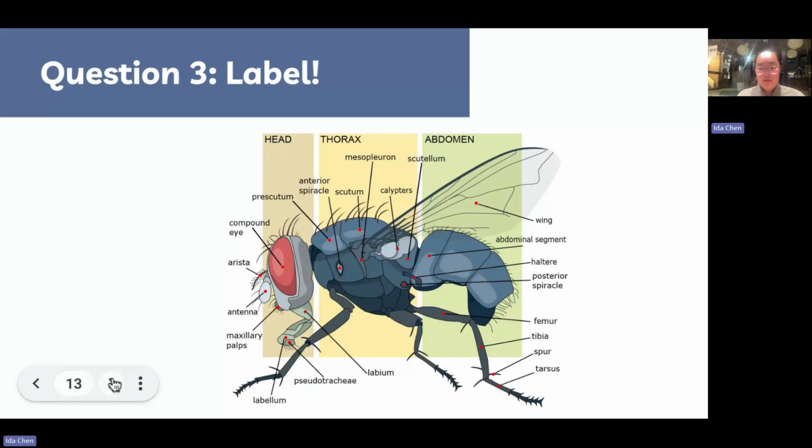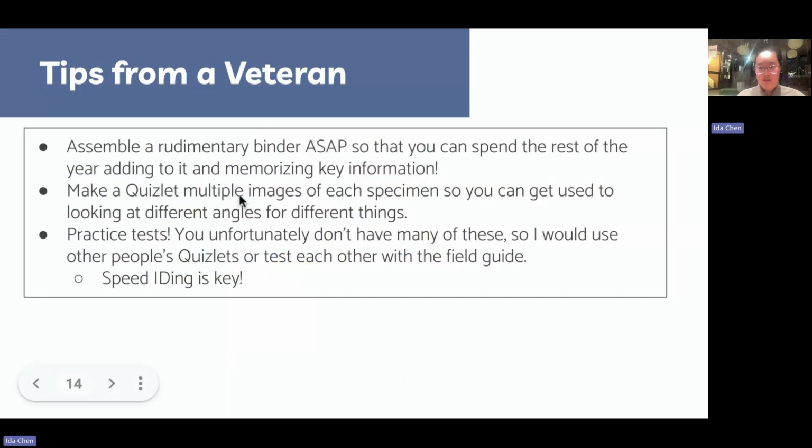Okay. So now we're going to do a little wrap up, and just as you go on forward, quick show of hands, how many people have started assembling their binder already? Okay, so a good amount of you.